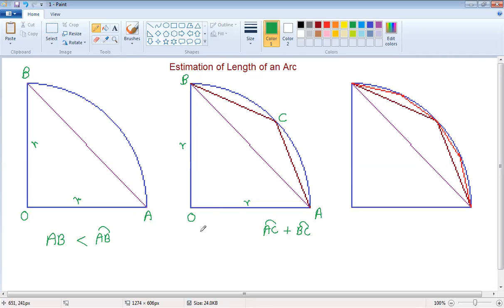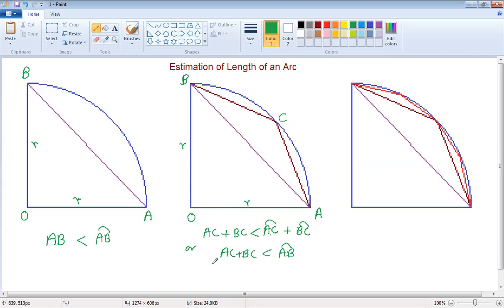The straight distance AC is smaller than the arc AC, and the straight distance BC is smaller than the arc BC. So their sum is less than the sum of these arcs, or you have AC plus BC is smaller than the arc AB.